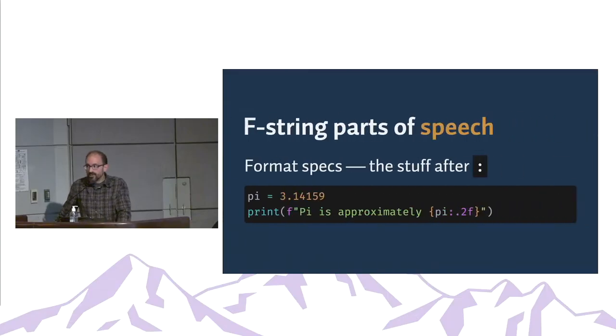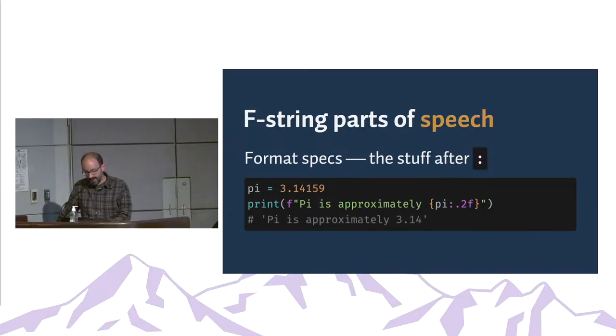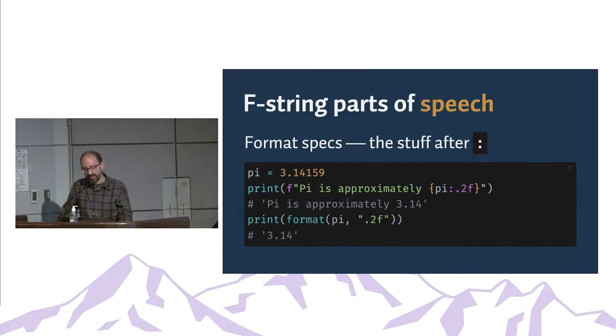Probably the more interesting part of speech in f-strings is the stuff after the colon. They're called format specs, and you're probably used to them if you've used f-strings even a little bit. So here's an example of using an f-string to approximate pi to 2 decimal places. And really what's happening under the hood here with f-strings is effectively the format built-in is getting called with pi and the string .2f.